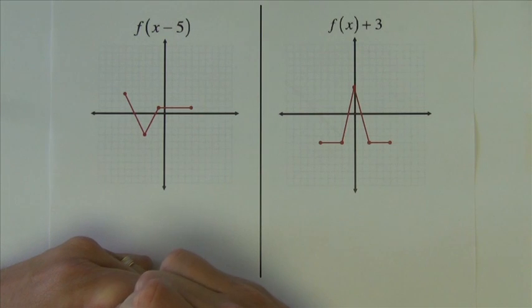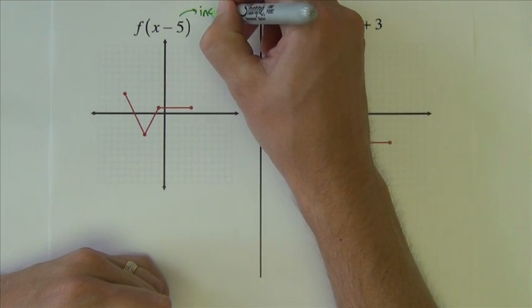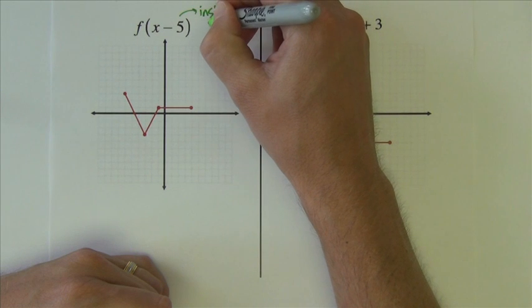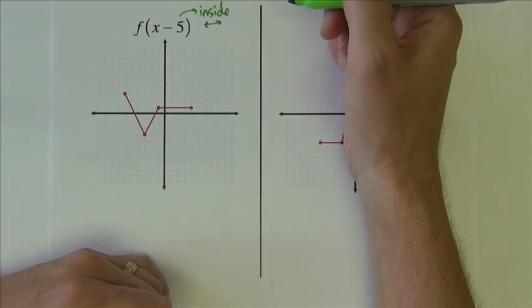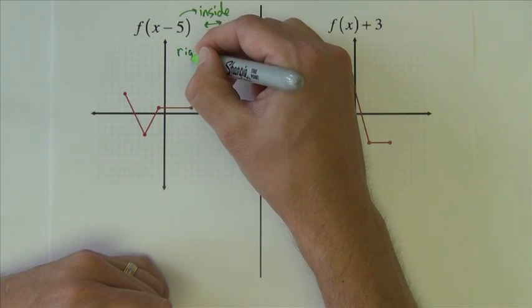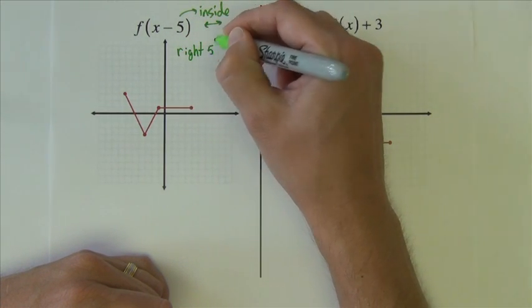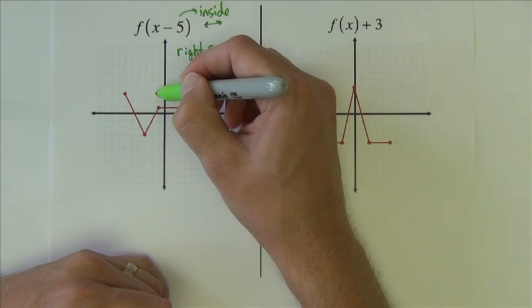So we see f of x minus 5. The x minus 5 is on the inside. When I see inside, I think left and right, and I think opposite direction. So the minus 5 is going to move everything to the right 5. Just count all the points right 5 units: 1, 2, 3, 4, 5.